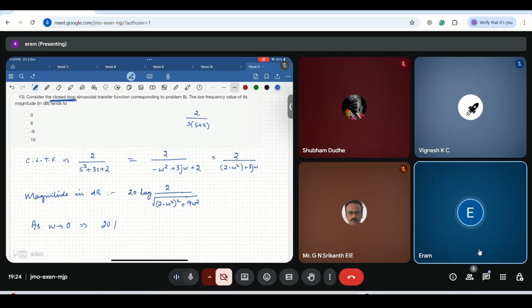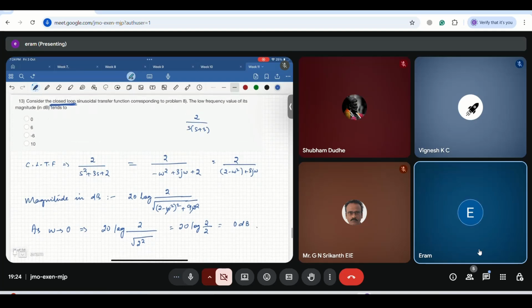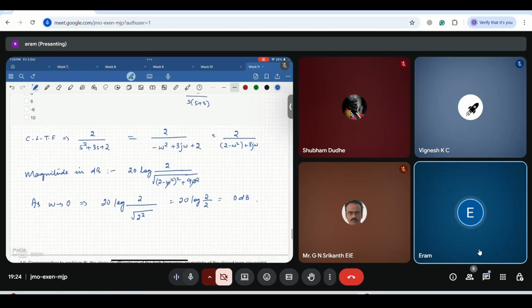If omega is 0, this goes to 0, this goes to 0, so you will be left with 20 log 2 divided by root of 2 square, that means 20 log 2 by 2, that means 20 log 1, which is 0 dB. So at low frequency, its magnitude in dB is 0.